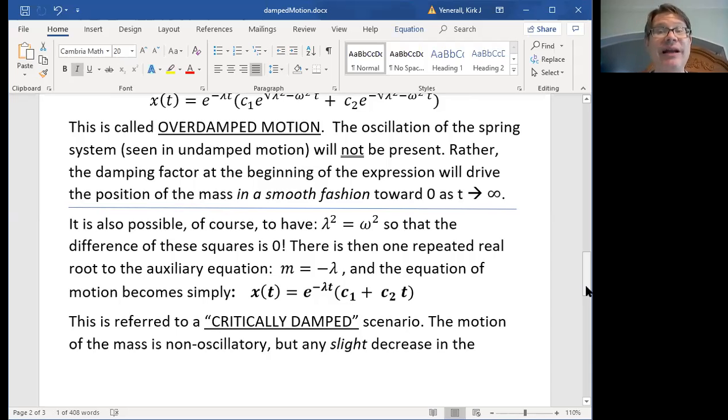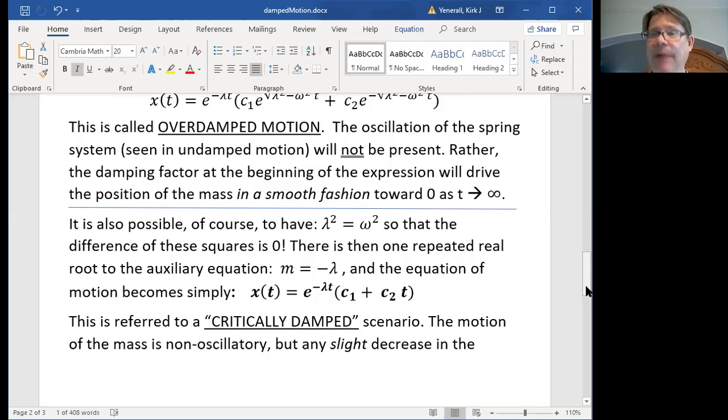So we call it critically damped because it's kind of that sweet spot, that point of transition. If you'd have even slightly less influence coming from the dampening factor, you would move into oscillatory behavior from that critically damped situation. So there you have it.